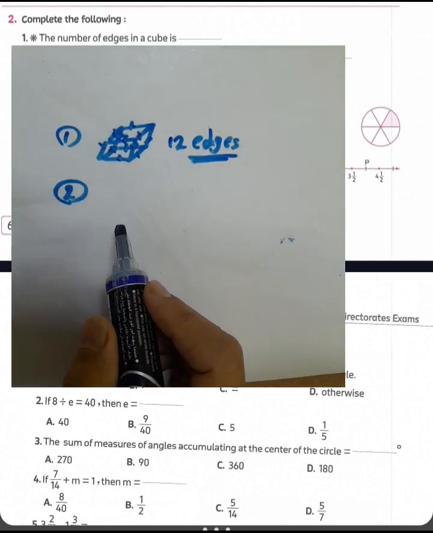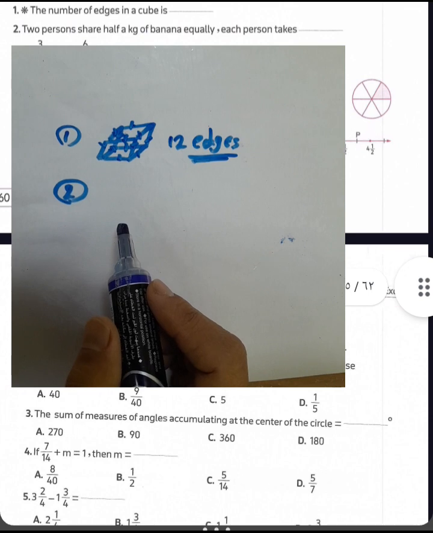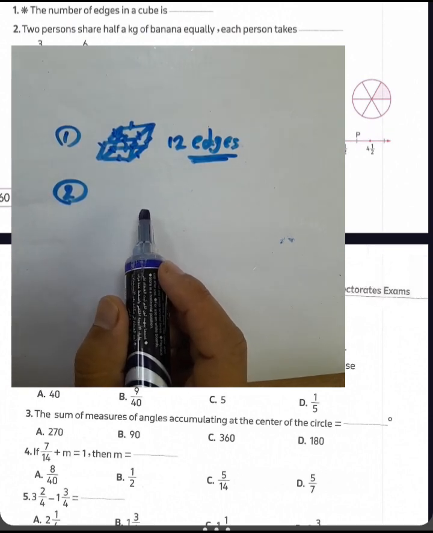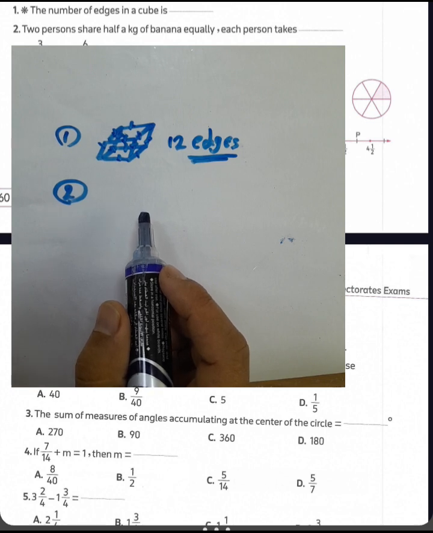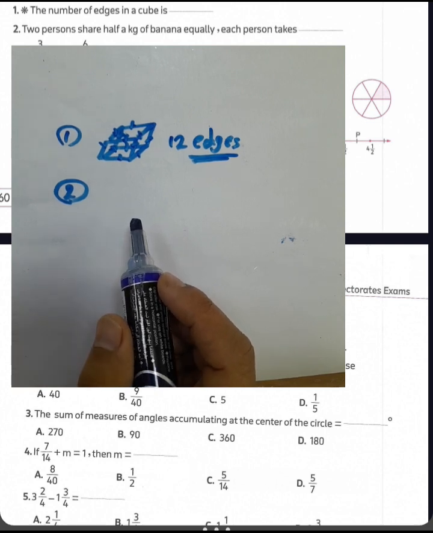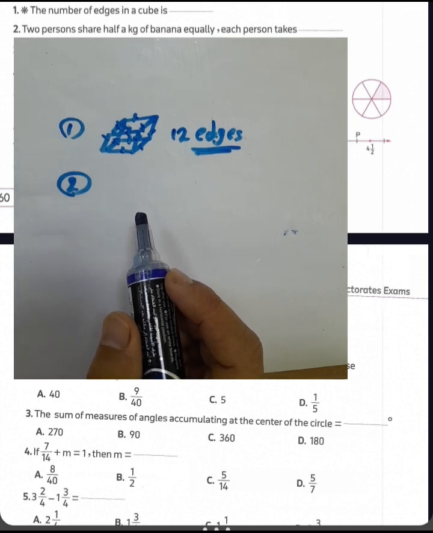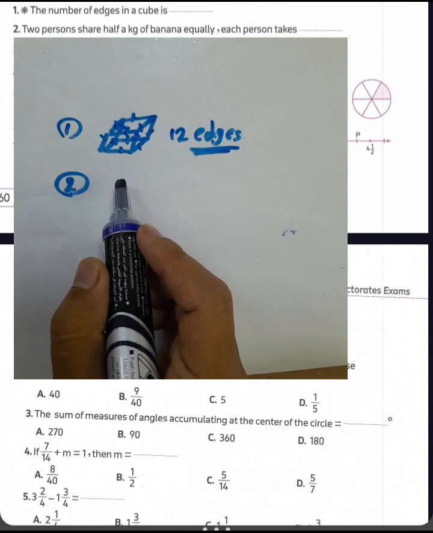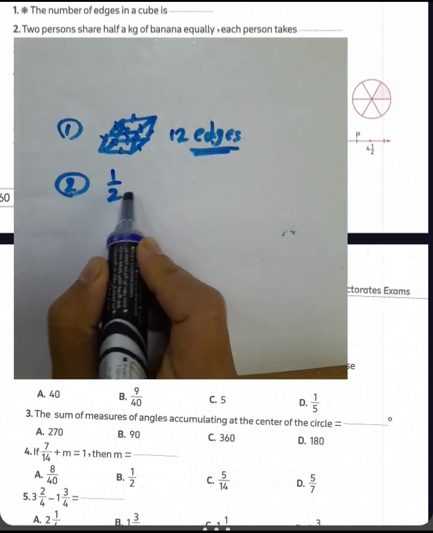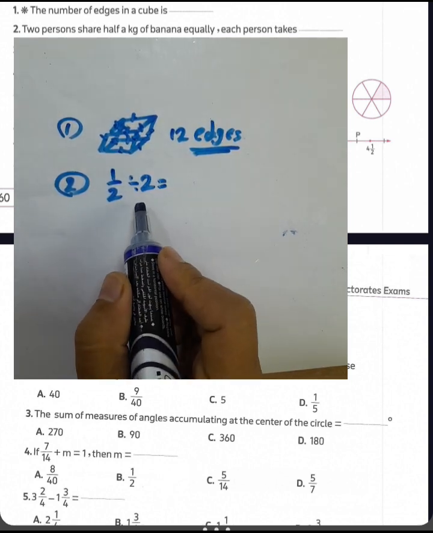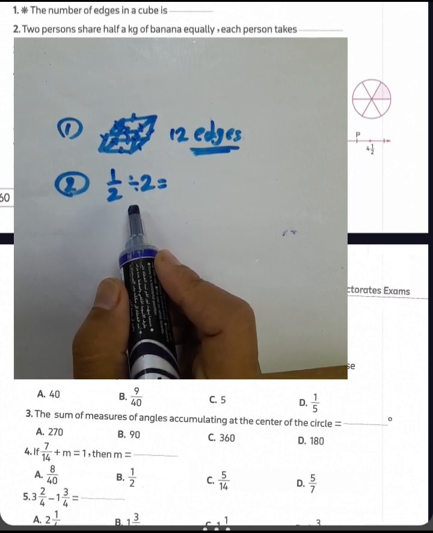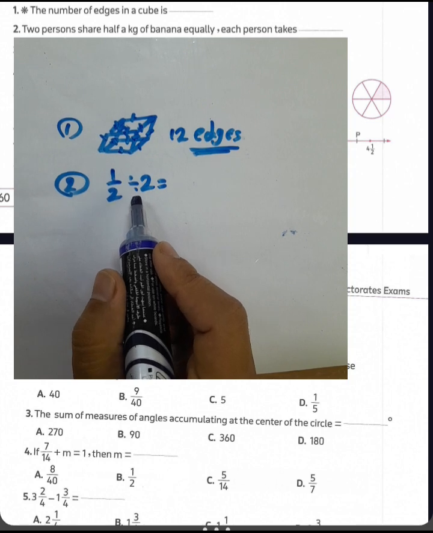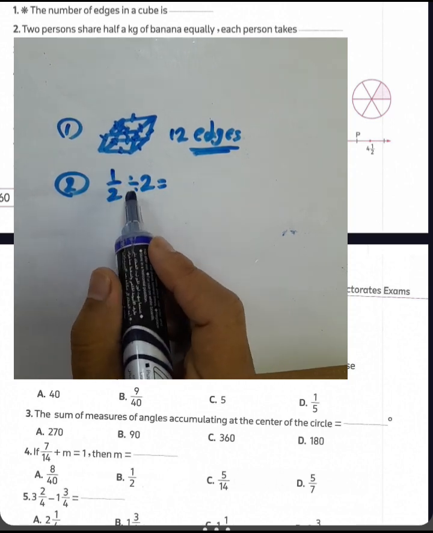Question number 2. Two persons share half a kilogram of bananas equally. How much does each person take? We can write half divided by 2. It will be one fourth, because each one gets half divided by 2.